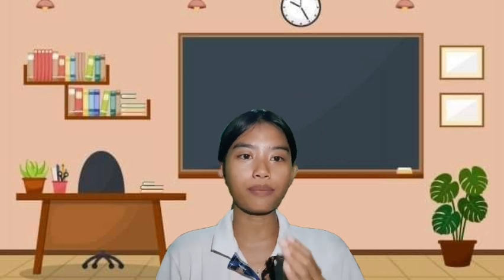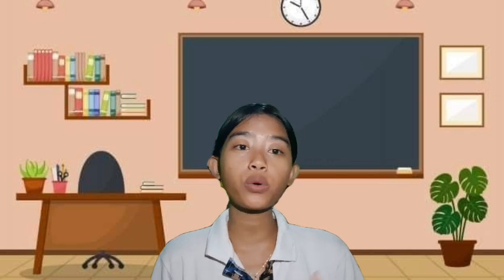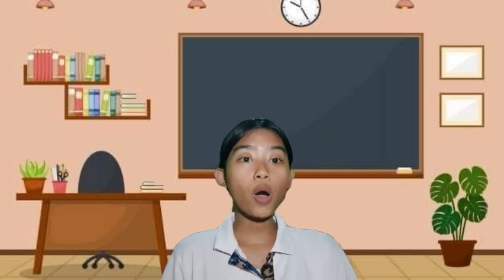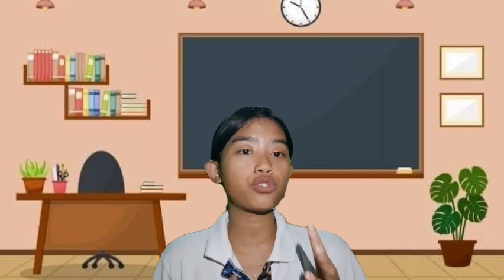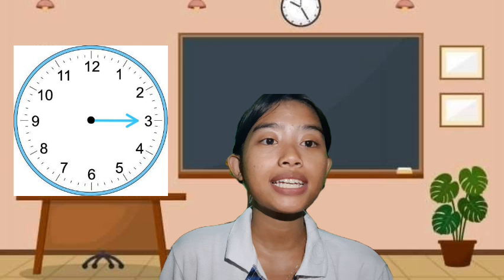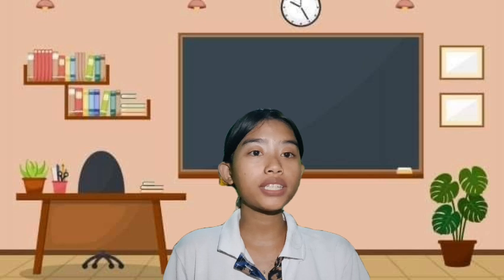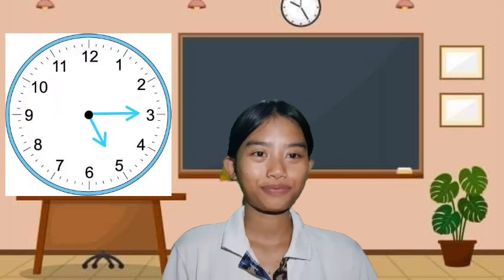For the next, we're gonna know how to read a quarter past and quarter to. For the first, how to read a quarter past: when the big hand points to 3, it is a quarter past the hour. For the example, when the big hand is on 3 and the small hand is on 5, it is quarter past 5.